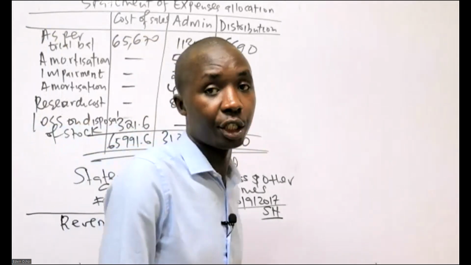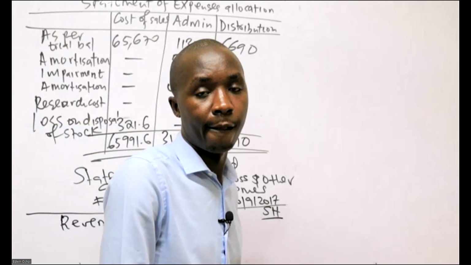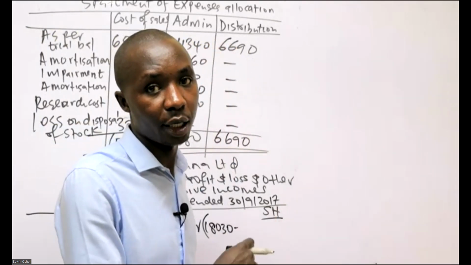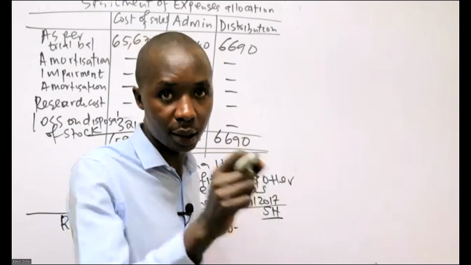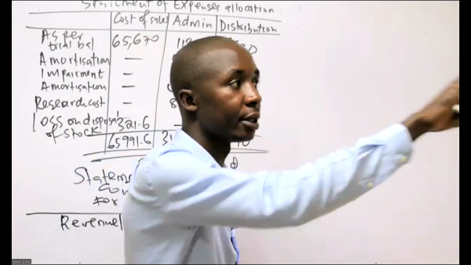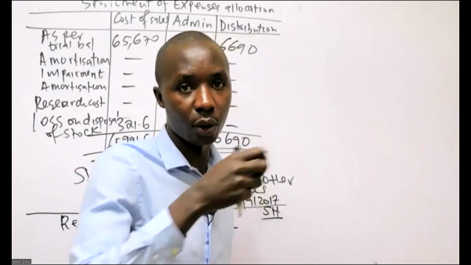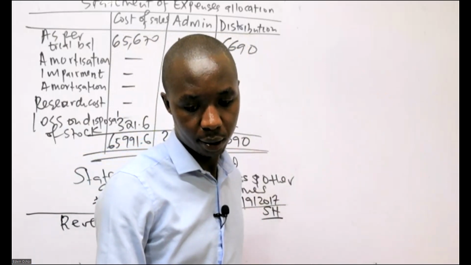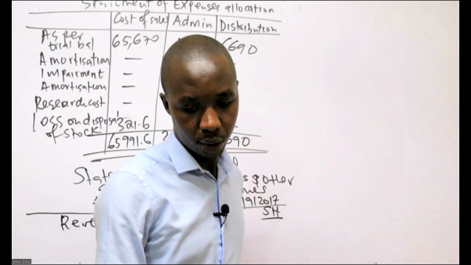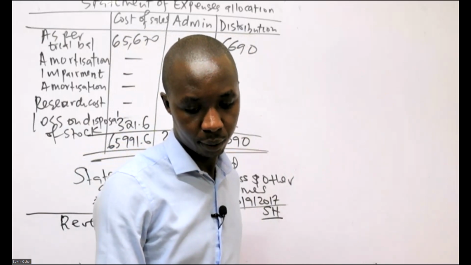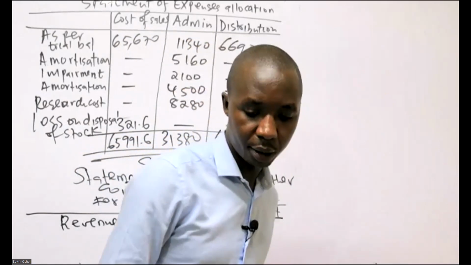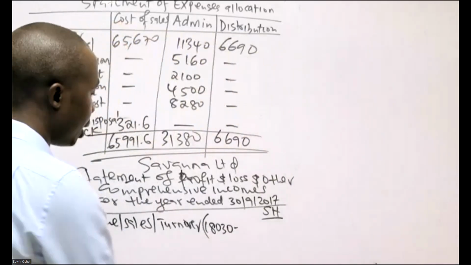But Savannah was an agent of Majani. So those sales he made were included here. That is why I say the debit sales, we deduct them so that we remit the balance after deducting your commission.